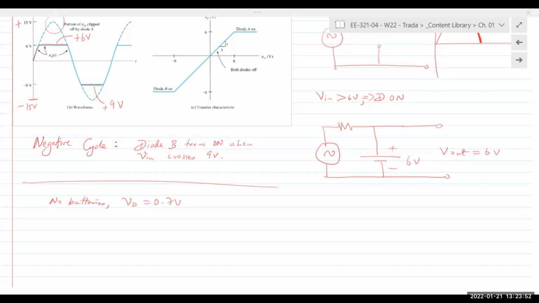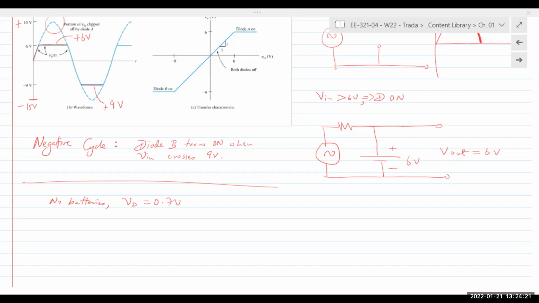Think on it for 10 seconds. We have an input waveform being connected. Positive half cycle, the positive will affect diode A, negative half cycle will affect diode B. As long as the input is below 0.7, what happens to the diodes? Diodes will be off. Output is equal to whatever the input is.